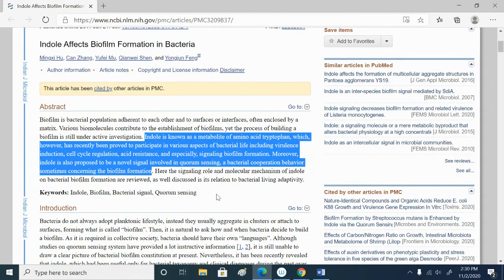And so that allows them to turn on genes simultaneously. In that way, they can act like a large organism rather than a bunch of little individual organisms. And so apparently indole is a quorum sensing molecule and helps these bacteria to turn on genes to regulate the formation of biofilms.